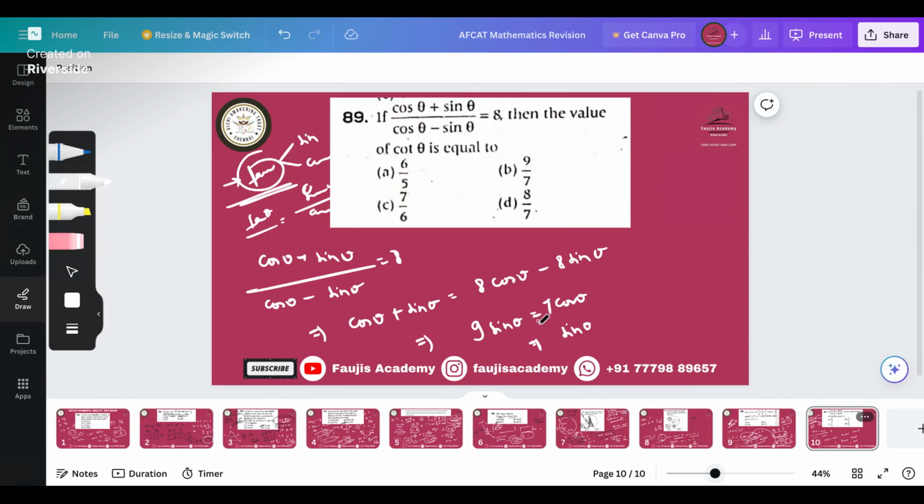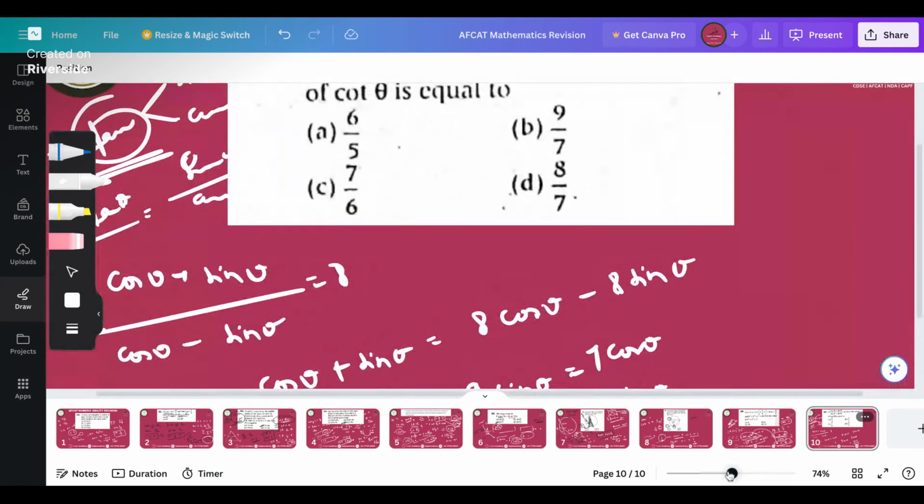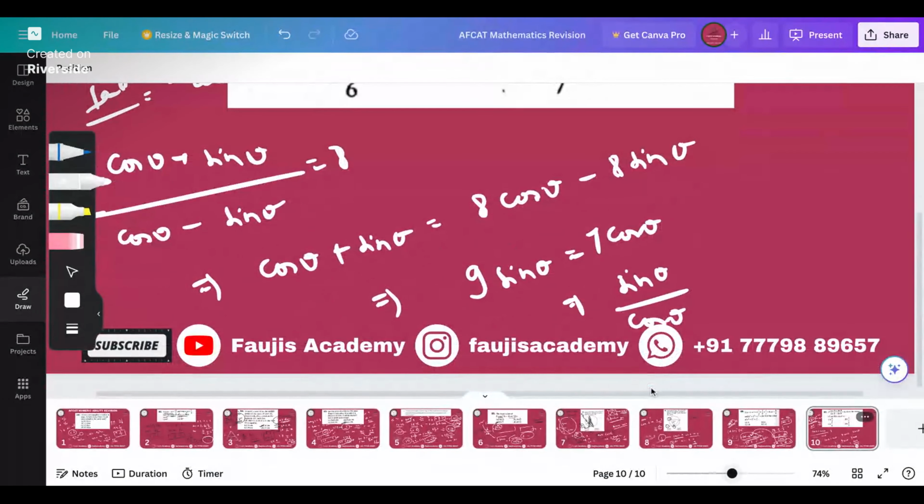Let's bring the cos theta to the left hand side. It will go into the denominator like this. Let me make it like this for you. Which is nothing but 7 by 9. Okay. Now sine theta divided by cos theta, that means tan theta is equal to 7 by 9.